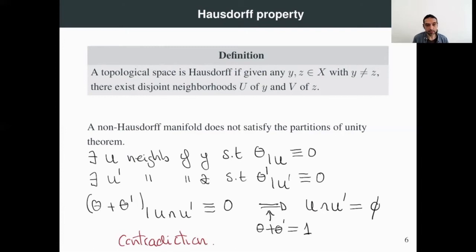So recapping, we considered a non-Hausdorff manifold and we assumed that the theorem of partitions of unity holds for any open cover. And we obtained a contradiction. So if a manifold satisfies the partitions of unity theorem, necessarily it is a Hausdorff manifold. Okay, so this condition is actually a necessary condition.